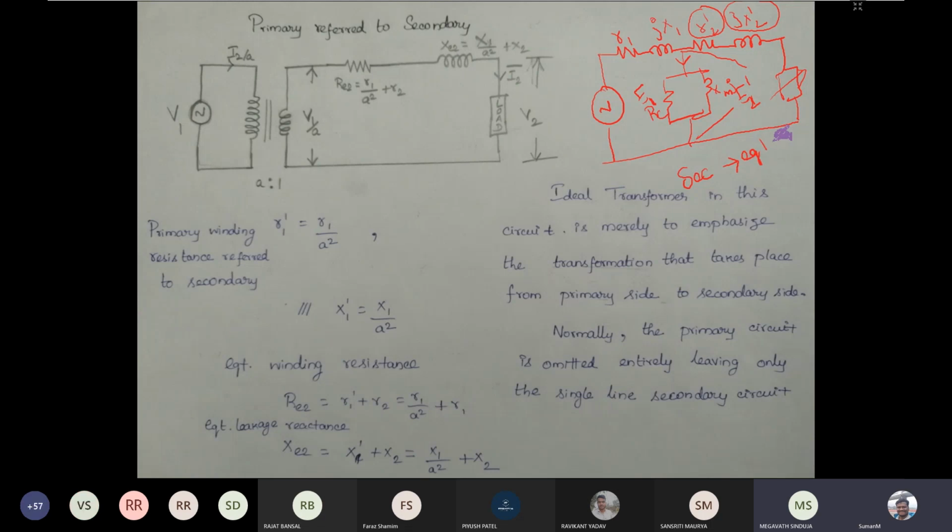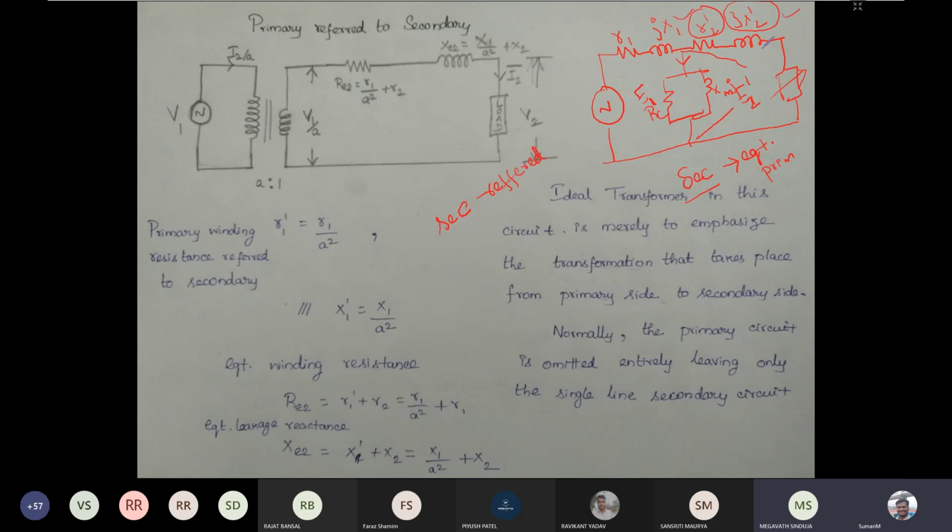In another way, we made the secondary EMF equivalent to the primary EMF. So you can call that the secondary parameters are referred to primary. That's why we have mentioned it as R2 dash and X2 dash.